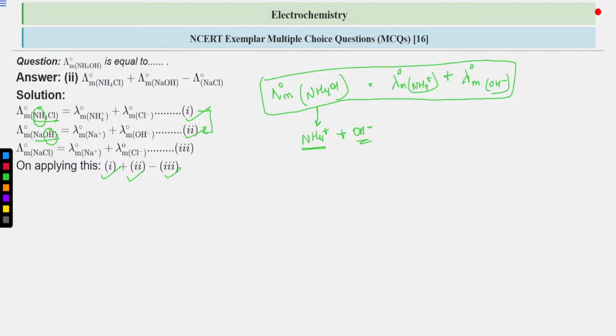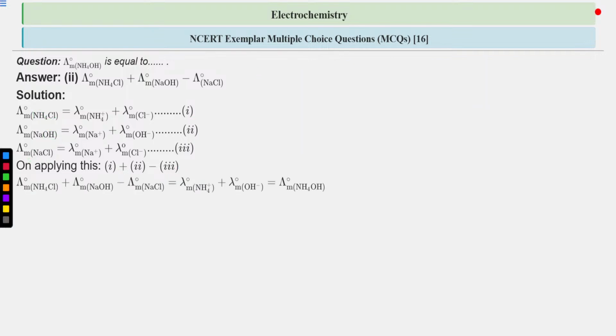So we are adding the first and second equations. Now the extra products in the first and second equation addition are chlorine and sodium, and both are present in our third equation. So we subtract the third equation. That's why we write here: apply first plus second and subtract the third equation.